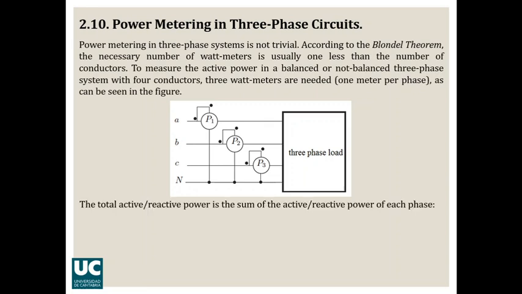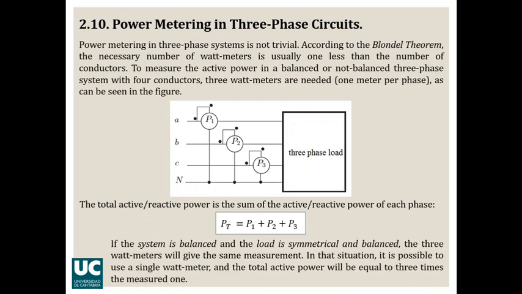And in that case, the total active or reactive power is going to be the sum of the active or reactive power measured by the 3 wattmeters. So for example, the total active power would be P1 plus P2 plus P3, while we should measure the reactive power to have the value of the total reactive power.